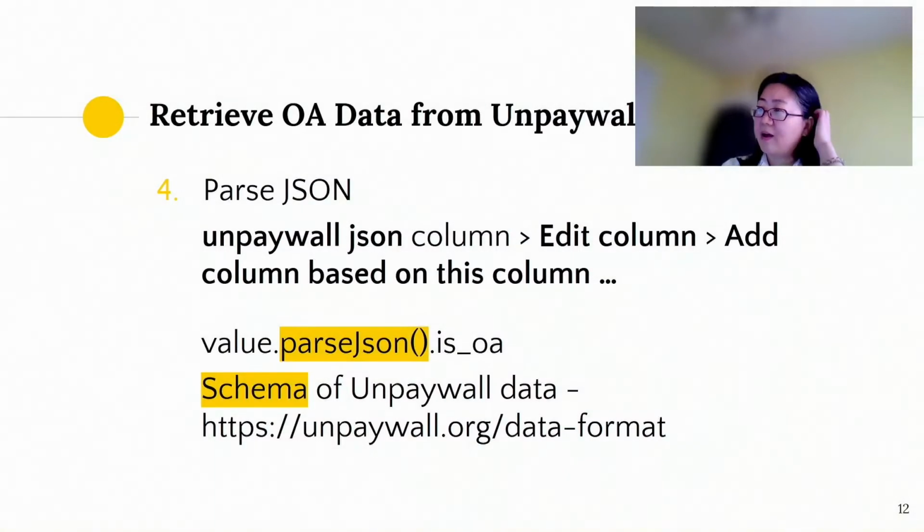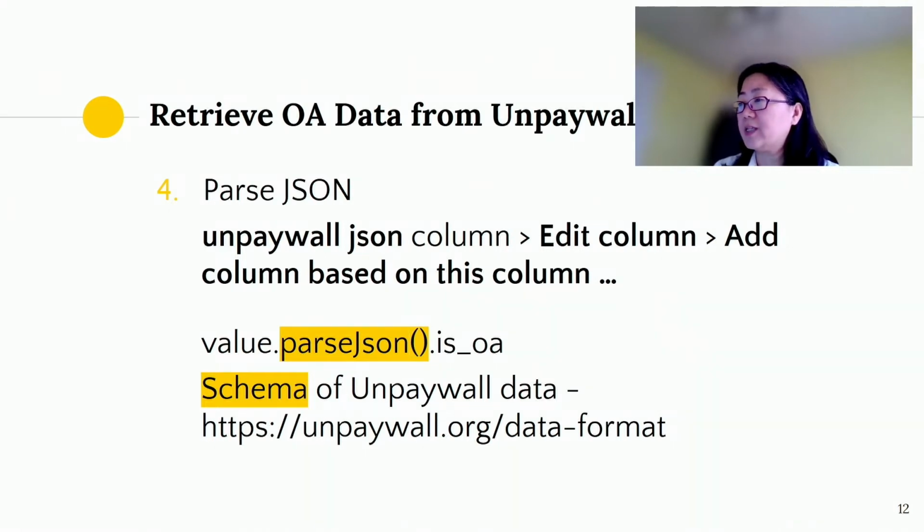So we have the JSON object retrieved from the Unpaywall database, but we could not use the information directly. Based on the new column we created, Unpaywall JSON, we are going to use the command add column based on this column. The expression will look like this, and the function we are going to use is parseJSON.